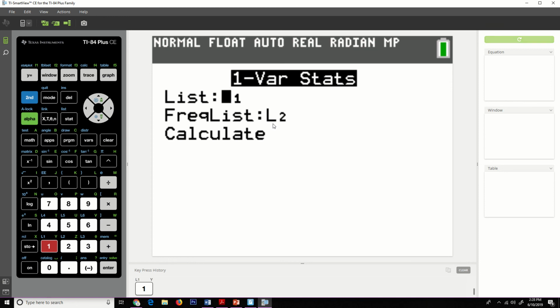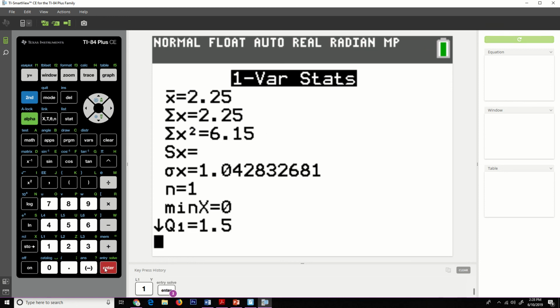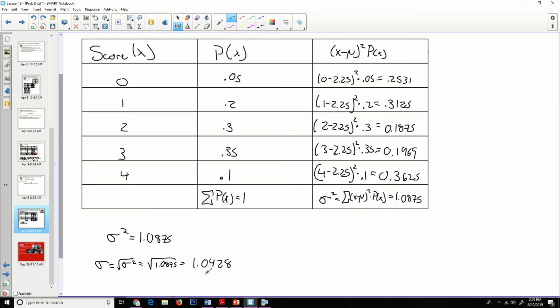So our probabilities are our frequency list, and so we're going to hit enter in there. And we can see that the standard deviation is 1.0428, that is what we got right there. And we could calculate the variance by squaring the standard deviation, which is a little bit backwards, but that's okay.